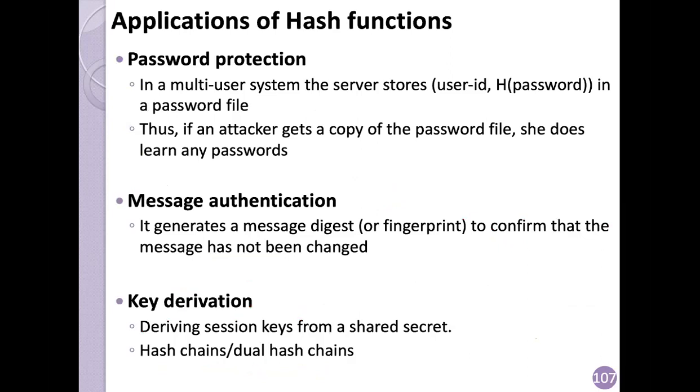Okay, let's talk about the applications of hash functions. Where are we using hash functions? For the encryption algorithms that we talked about in the previous sessions, it's easy to see what the application is. We have some information and we want to keep that information secret.